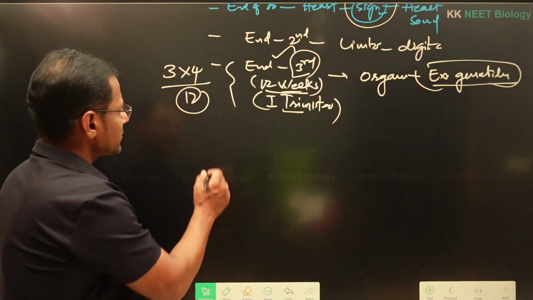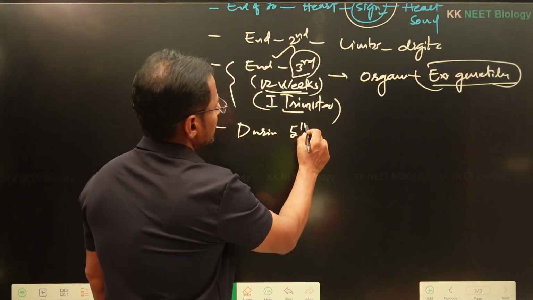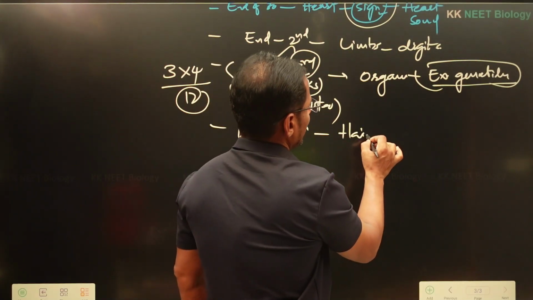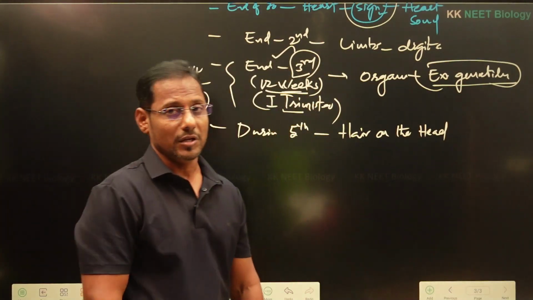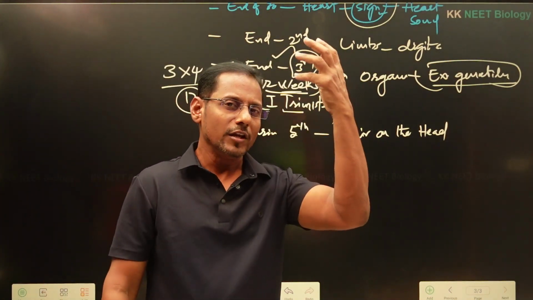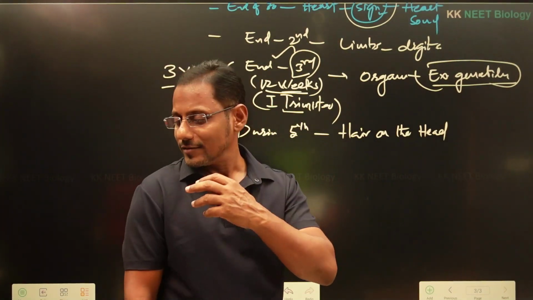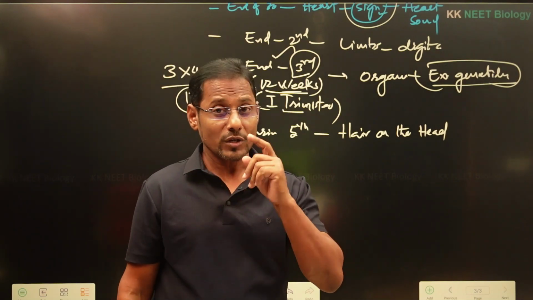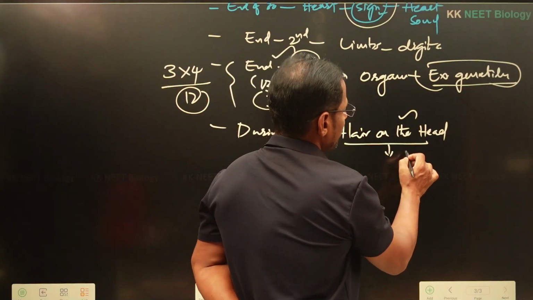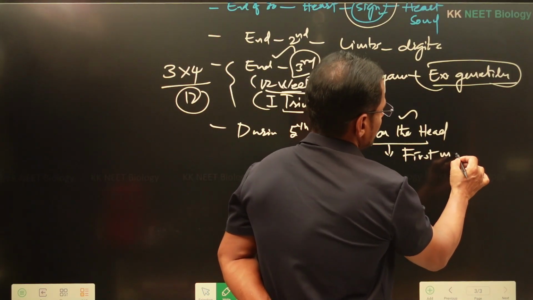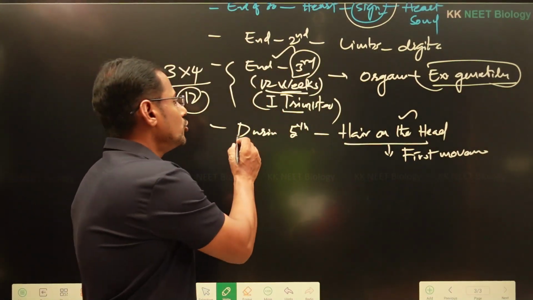Let us see the 5th month. What happens here? You can see the hair on the head of the baby. Now the hair is fully grown, and the embryo is going to shake its head. Keep that in mind. This is also the first movement in the embryo, during the 5th month.